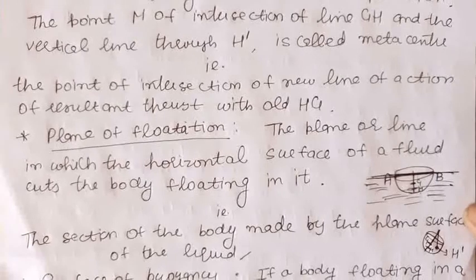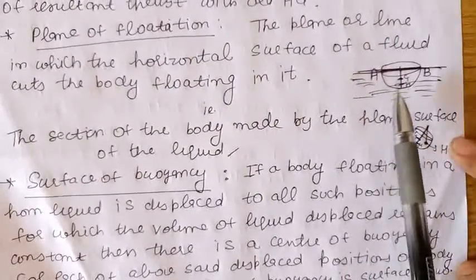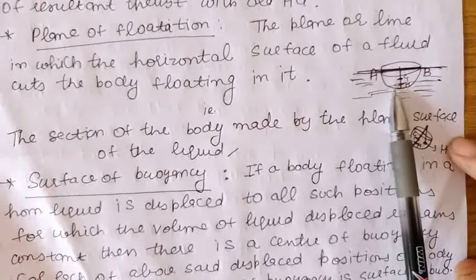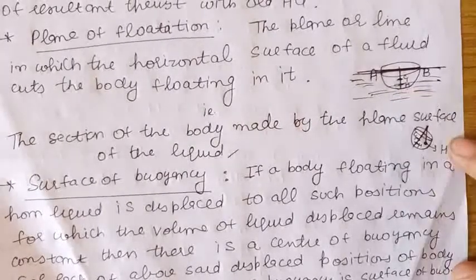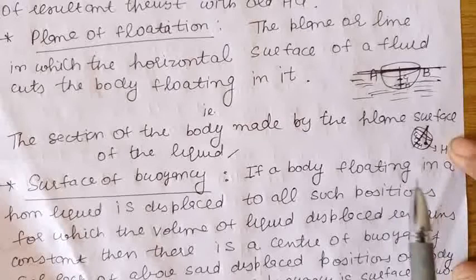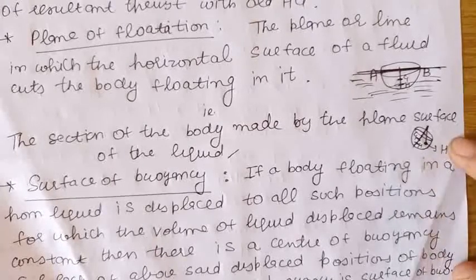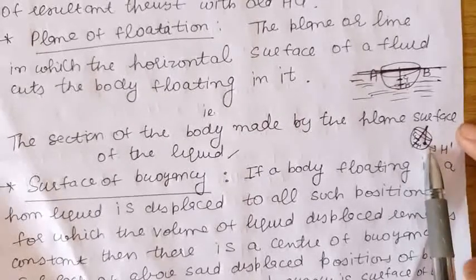Next we define the surface of buoyancy. Suppose we have a body floating in a homogeneous liquid and this body is displaced to a new position such that the volume of the liquid displaced remains unchanged. Here we can see that H dash is the new center of buoyancy.